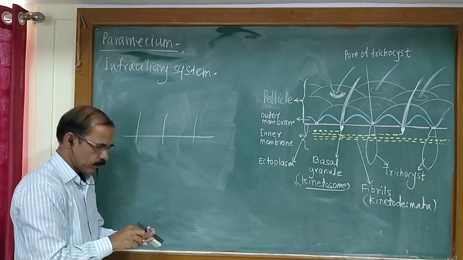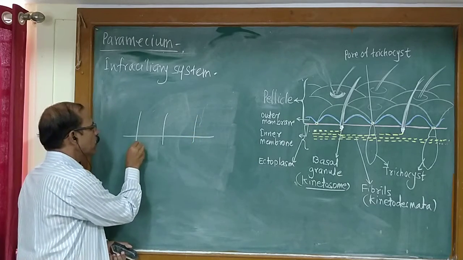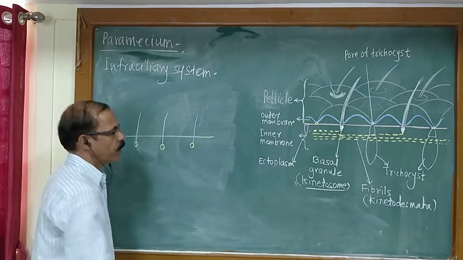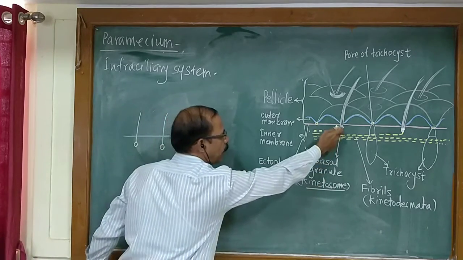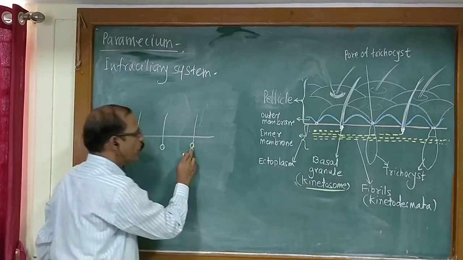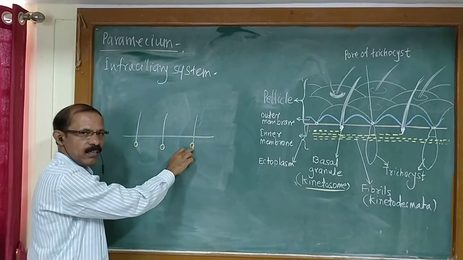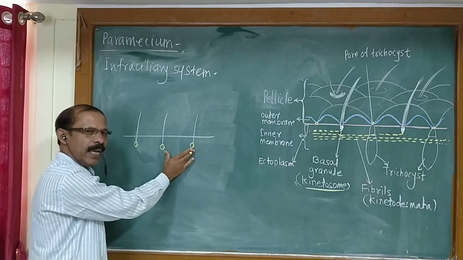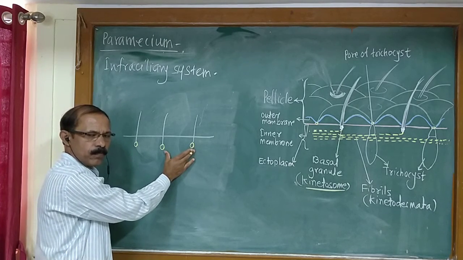Each cilium at its lower end consists of a kinetosome or basal granule, the kinetosome or basal body of cilia. This kinetosome is present in the ectoplasm below the pellicle.